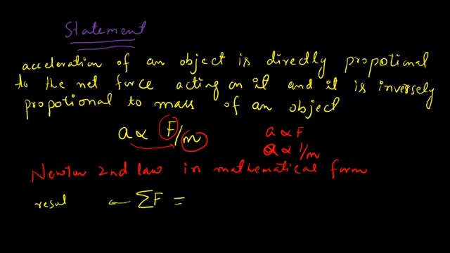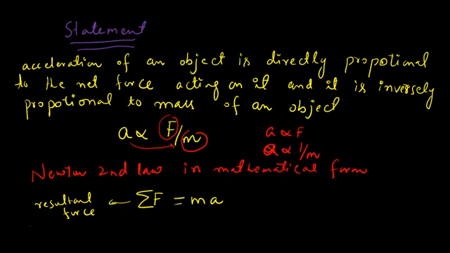So summation of forces is here for the resultant force. Summation F will be equal to ma, or F is equal to ma. This equation has a vector expression, so we can write it in 3 dimensions.